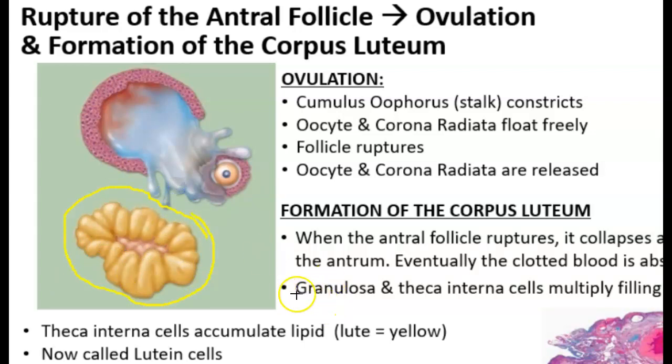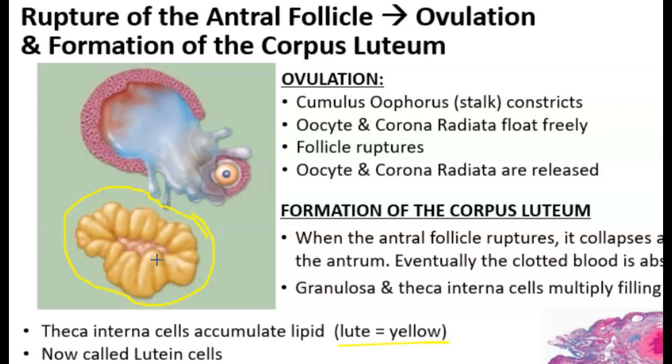Lute means yellow, and the yellow color, which you can actually see in an ovary, is due to the accumulation of lipid in theca interna cells. So they're just part of the follicle cells that accumulate this yellow lipid. They're called lutein cells. The whole structure is called a corpus luteum.